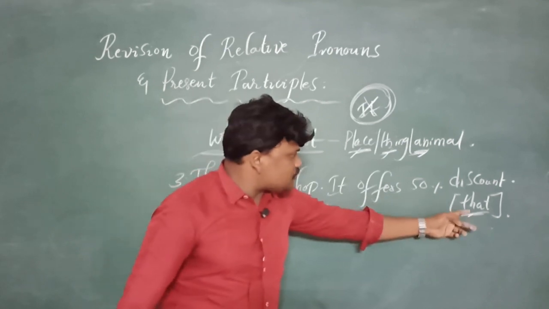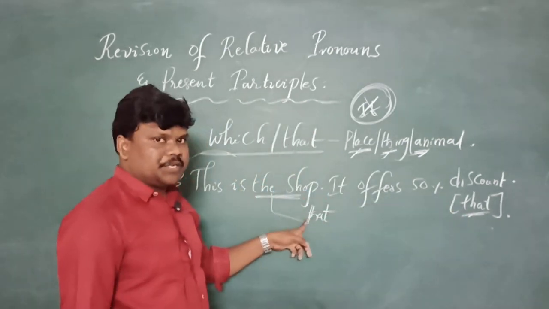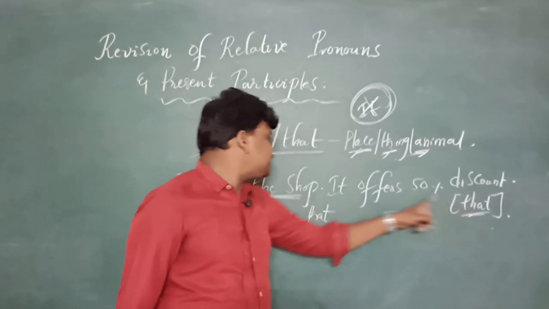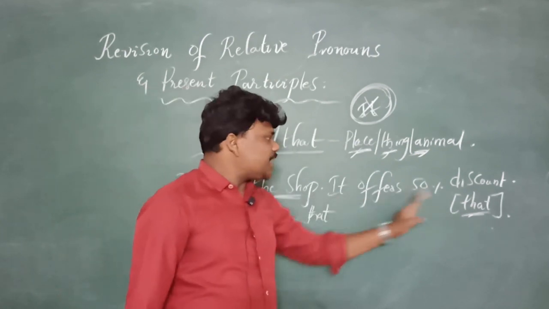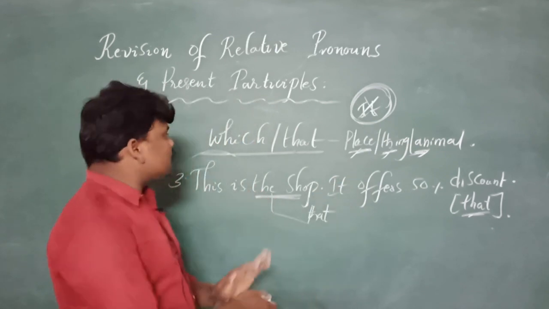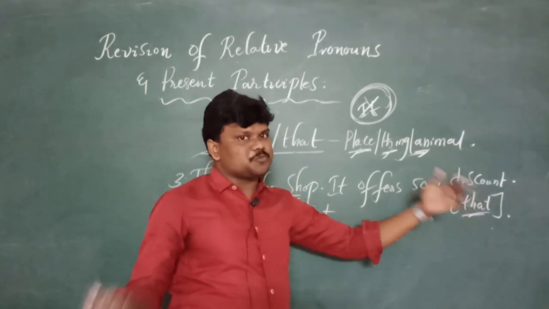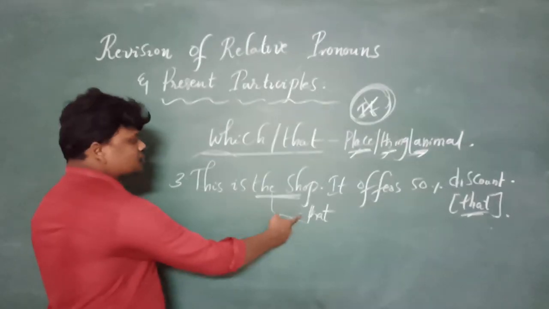But if the instruction was given to combine with that, we need to write that only. If the instruction was to combine the two sentences with which, write which only. Don't swap them, though they convey the same meaning. Okay na? Right?